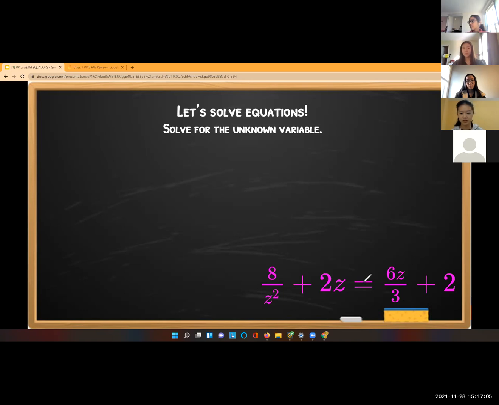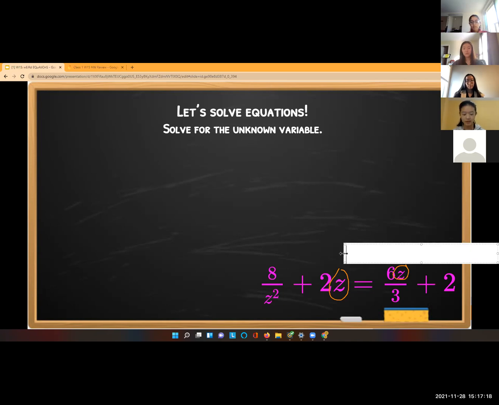Look at this 2z and the 6z over 3 terms. Try simplifying. If you haven't noticed it already, there's a term on the right side of the equation that is 6z over 3.